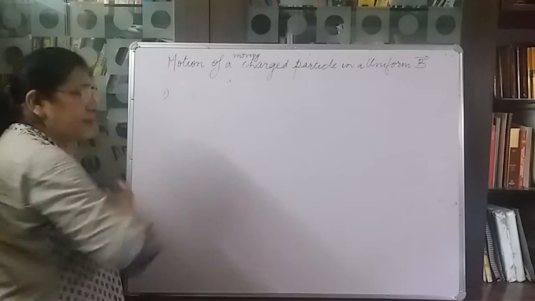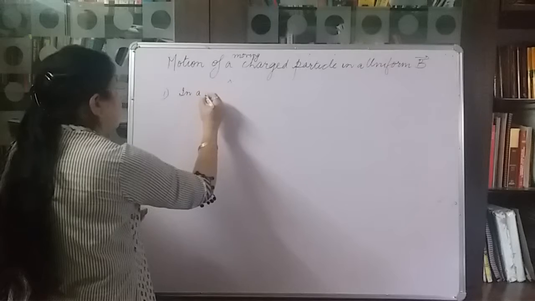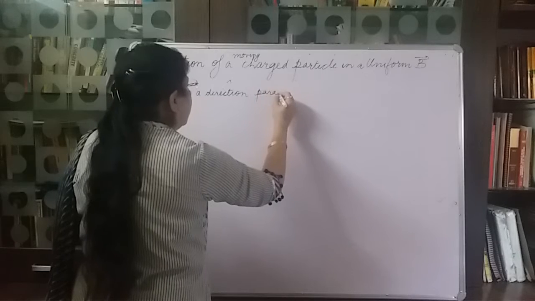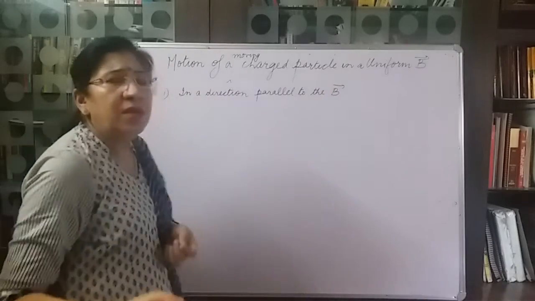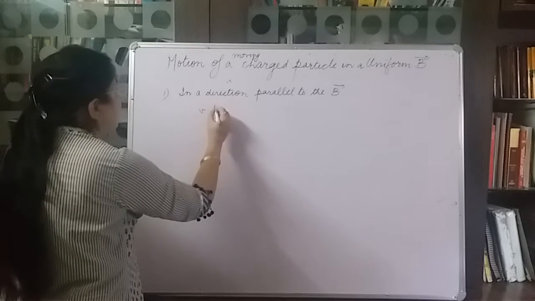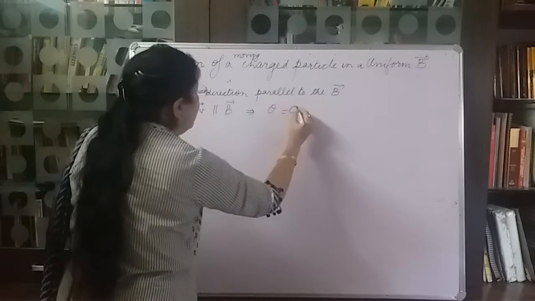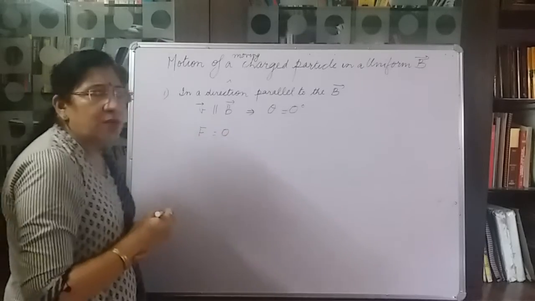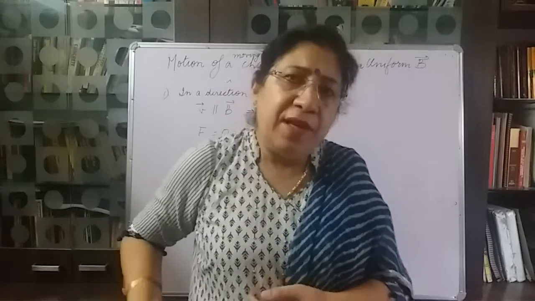Let us see the first case. Say the particle is moving parallel to the magnetic field. In this case theta equals 0, and we've already seen the force will be 0. So the particle experiences no force when it moves parallel to the magnetic field.